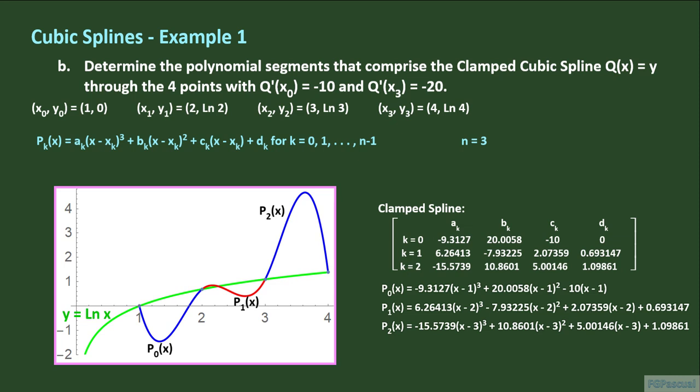This is largely due to the fact that the slope of the logarithm curve at the left endpoint is not equal to minus 10 as we had prescribed for the clamp spline. It is equal to 1. At the right endpoint, the natural logarithm curve has a slope of 1/4, not minus 20.